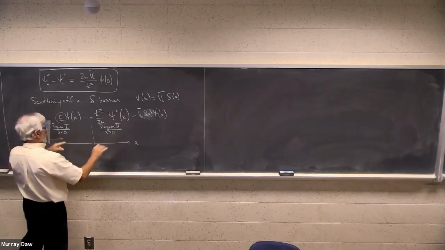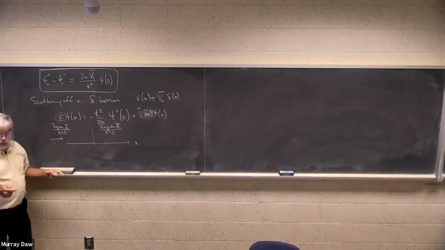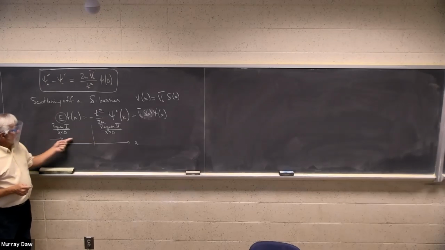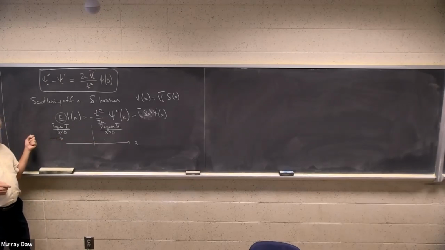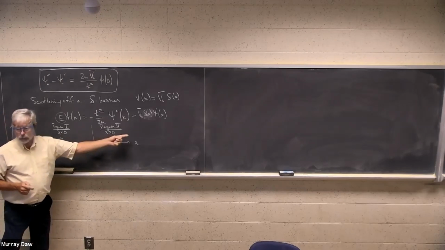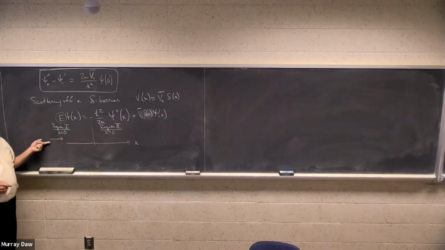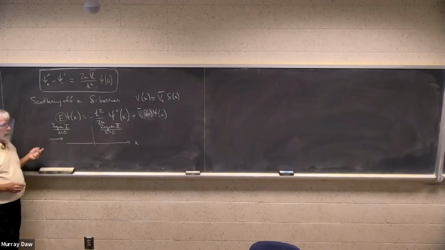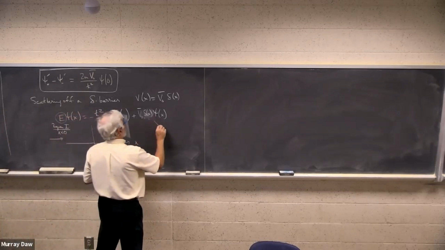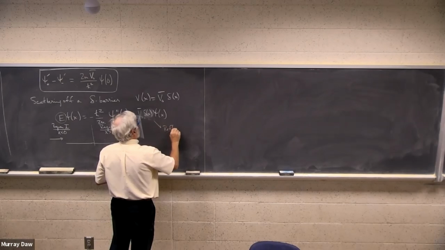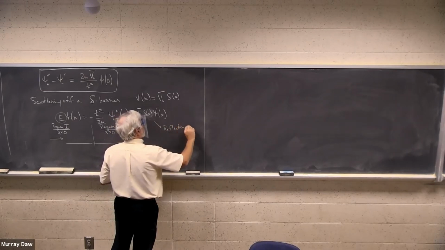So what we're going to find is there's a probability associated with this. Some members of the ensemble are going to bounce back. Some members are going to make it through. So our task is to find the reflection and transmission probability. So we want to solve the Schrodinger equation for reflection and transmission probability.